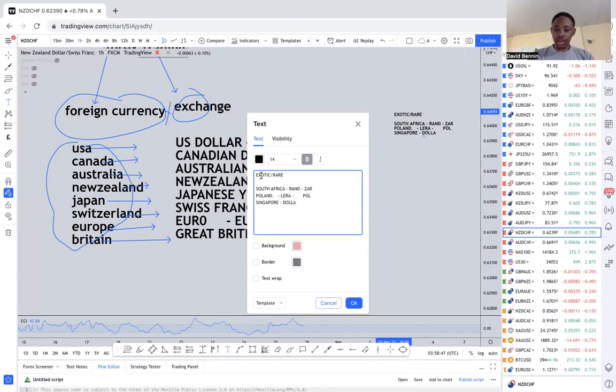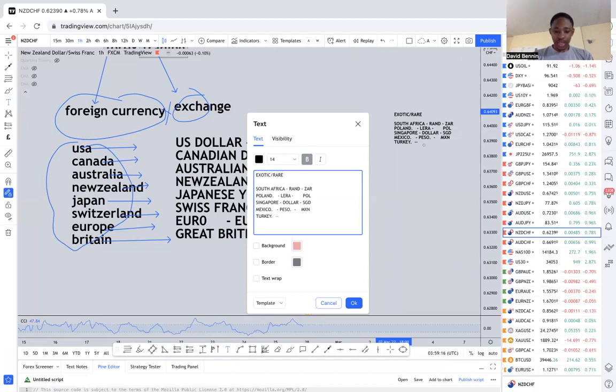So they also spend a dollar, but that is the Singapore dollar, which is represented as SGD. And then we have Mexico. They spend the Mexican peso, which is represented as MXN. And then we have Turkey.